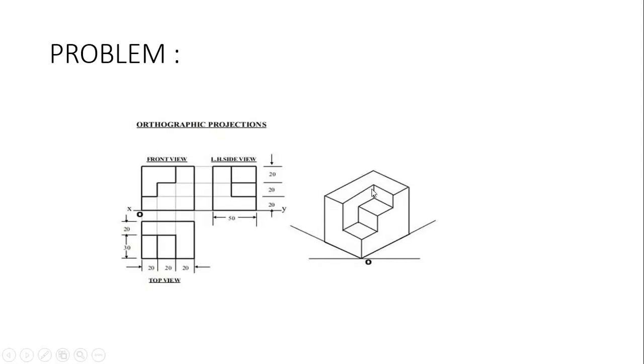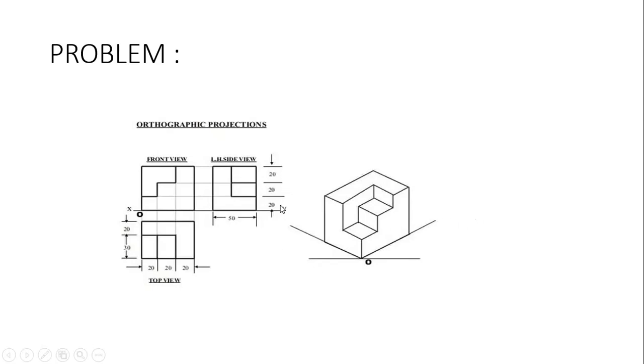This is the final answer, but I'm going to explain in 5 different stages how we are getting this 3D block isometric projection for the given 3D object.